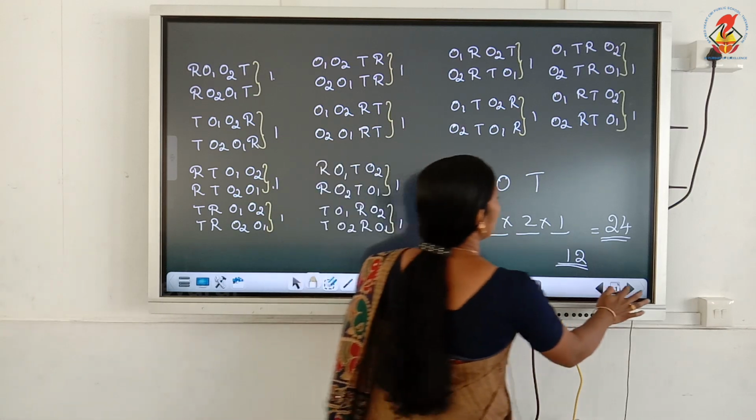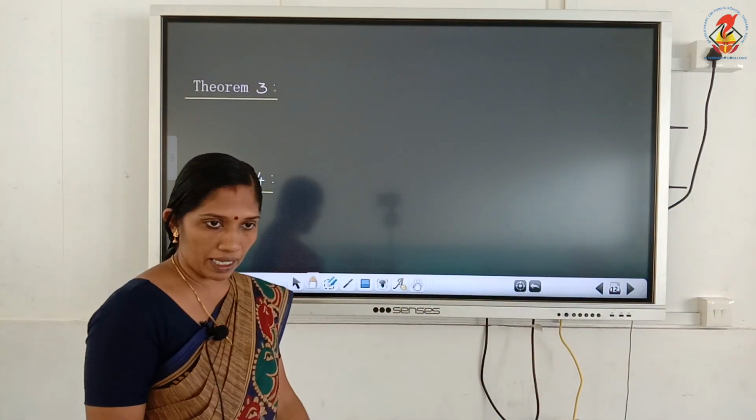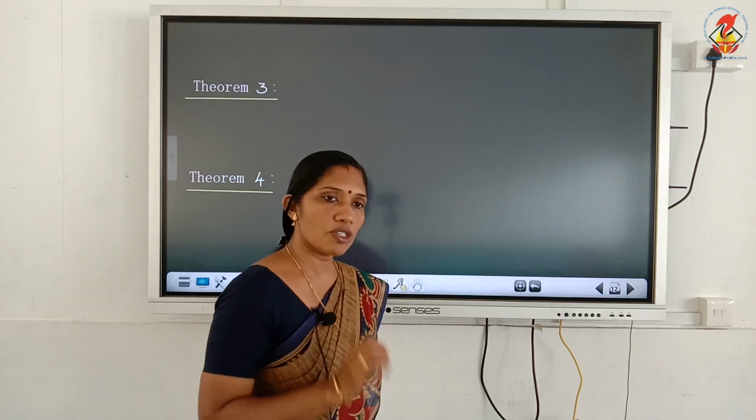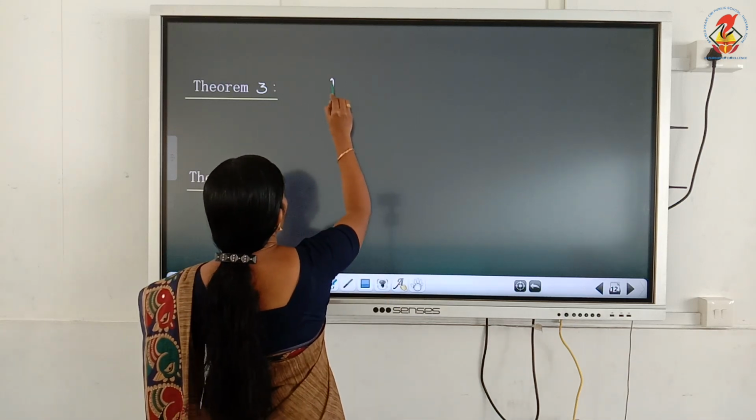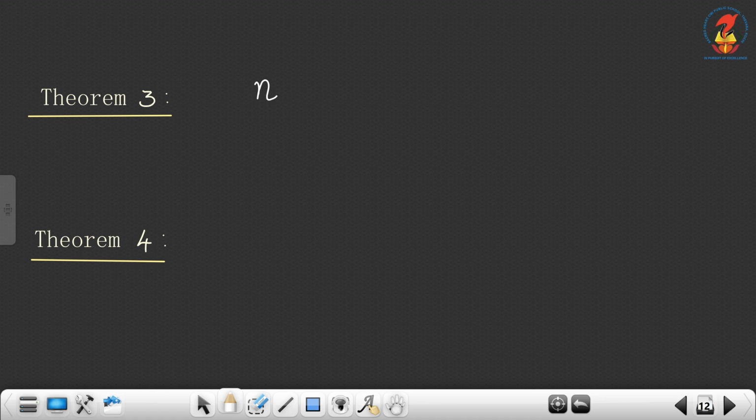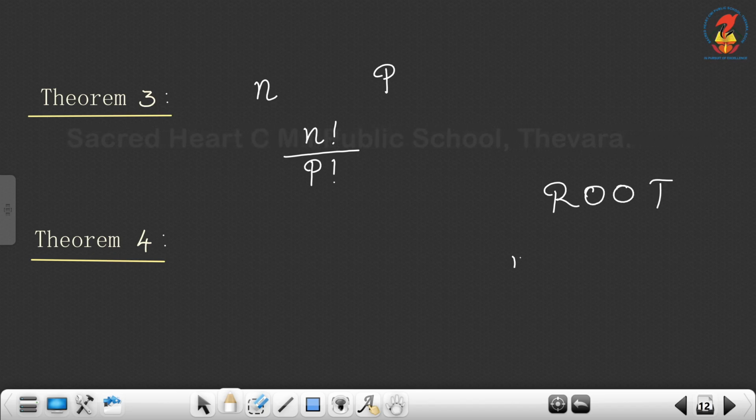So we have a theorem. The theorem says that the number of permutations of n objects where p objects are of the same kind is equal to factorial n by factorial p. So in the last example, R, O, O, T, the number of objects is denoted as n, so n is 4.